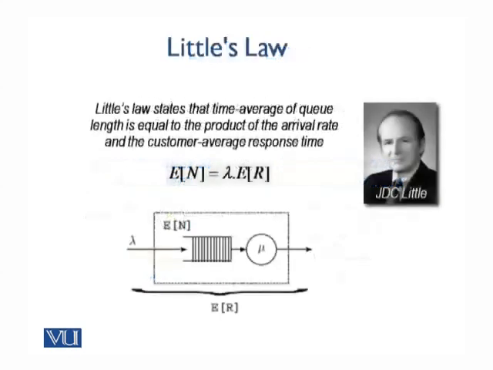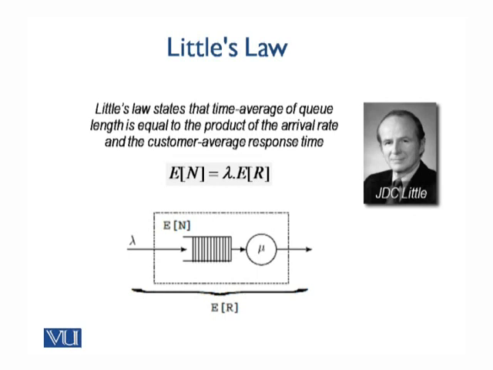Let me now state the law. Little's law essentially states that the time average of the queue length is equal to the product of the arrival rate and the customer average response time. In other words, we've seen that N and R are proportional, and because these are random variables, we take expectations of these.